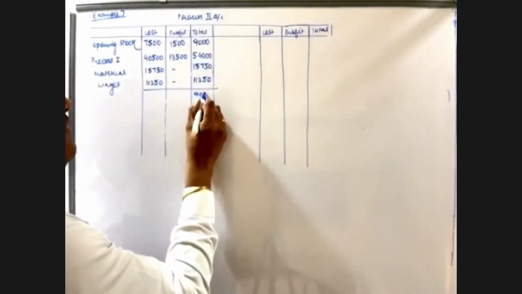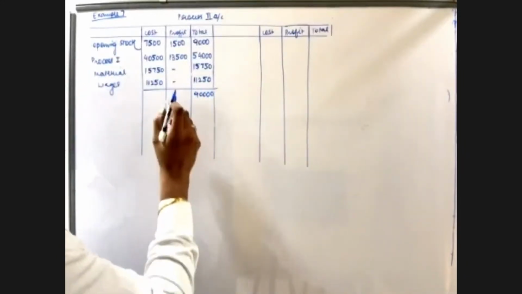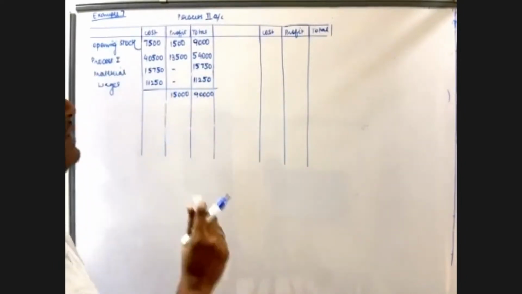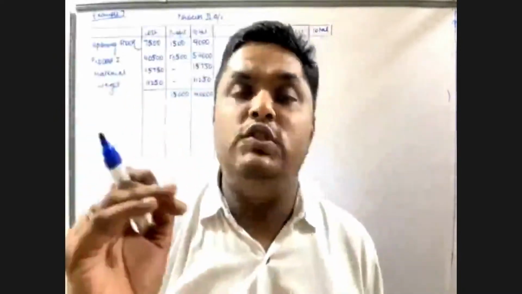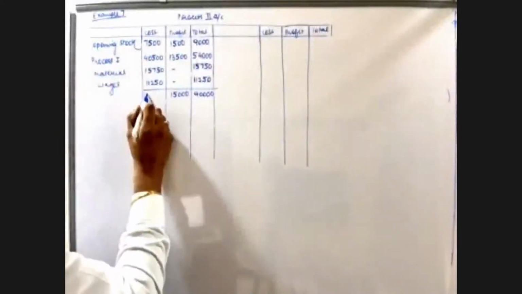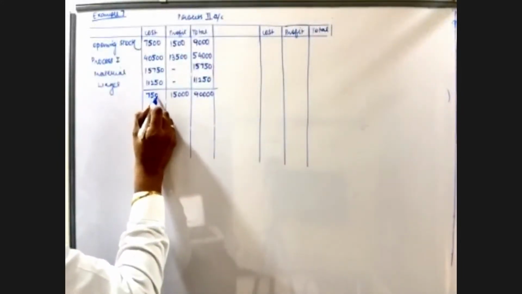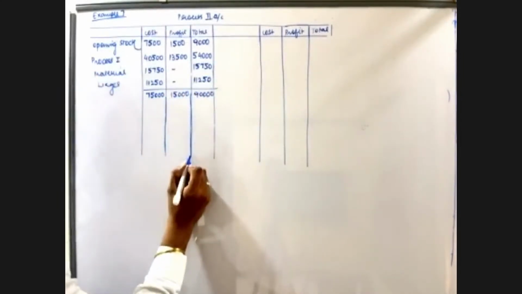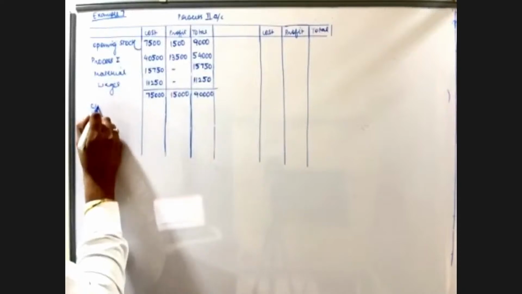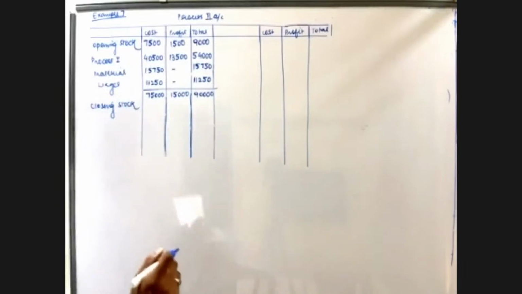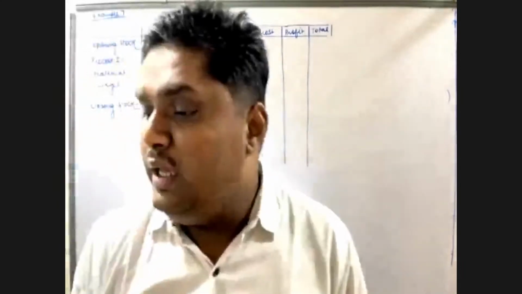I'm calculating these figures because the closing stock is to be valued at prime cost. Herein, we have to remove the profit element from closing stock, so we'll subtract closing stock. The value of closing stock is 4,500.